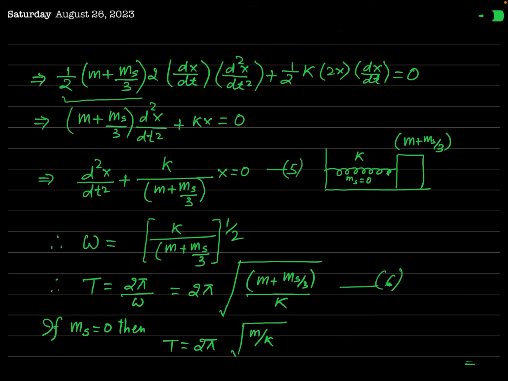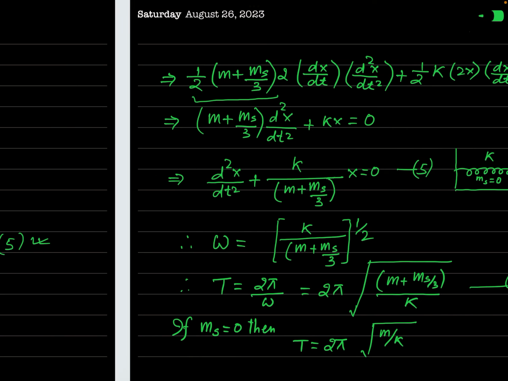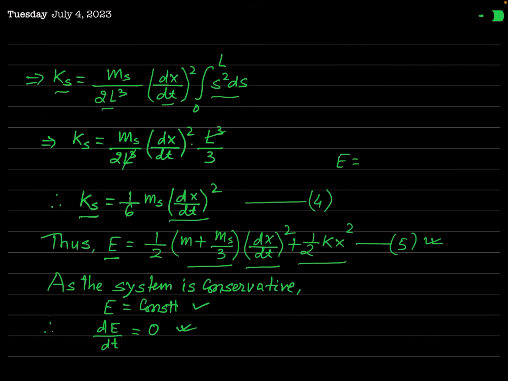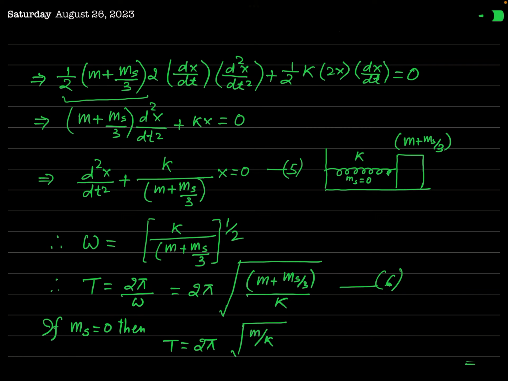You can see what will be the differential coefficient. Since 1/2 (m + ms/3) is a constant factor, and we have to differentiate this (dx/dt)², this is just a function of function. So what will be this? This will be 2 times dx/dt into d²x/dt².